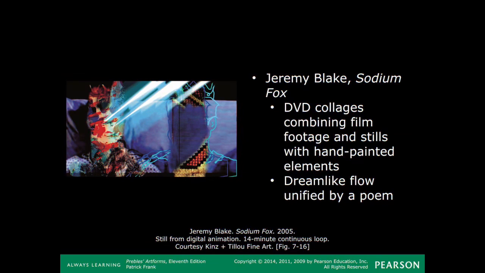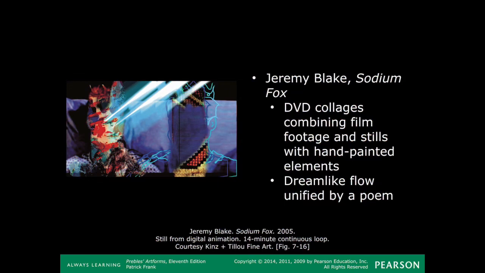So here is an example of a work of art using different types of media. Here, I see some digital painting, hints of brush strokes, and even photography. This is by Jeremy Blake.